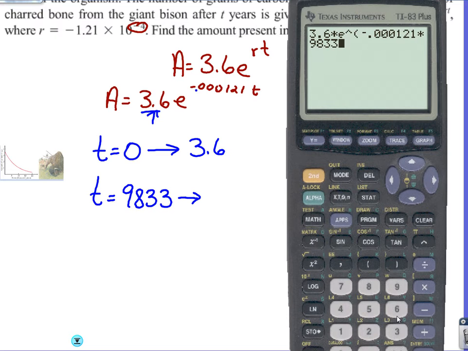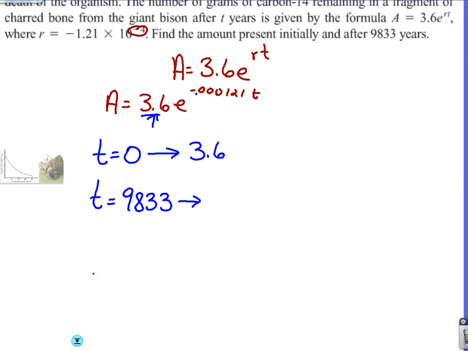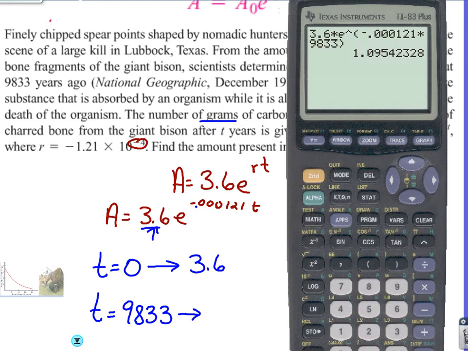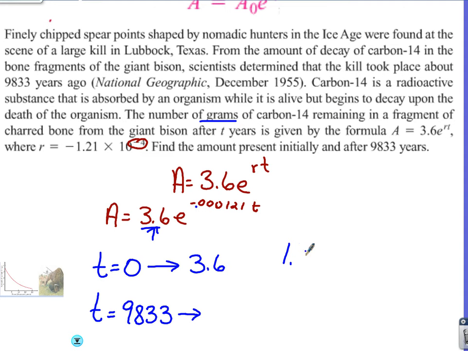Can y'all check me on this? Because I feel like I might have plugged it in wrong. 1.09 grams. Is it in grams? Let's go back and check. Yeah, number of grams. So about 1.10 grams are left after 9,833 years.